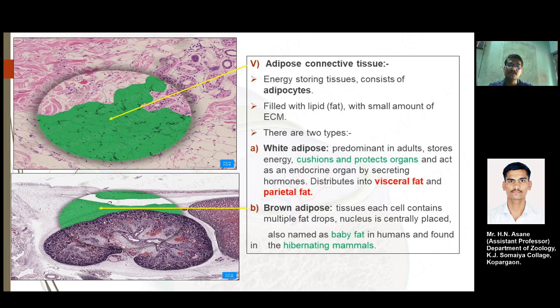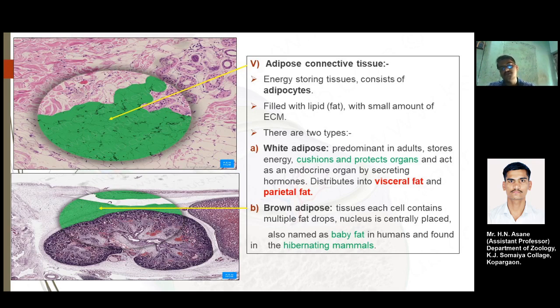The next, the second type of adipose connective tissue, is the brown adipocytes or brown adipose tissue. In these tissues, each cell contains multiple fat droplets. You can see that in the white adipose tissue there is only a single vesicle, which can be enlarged, so the lipid or fat is collected in that one particular vesicle itself.